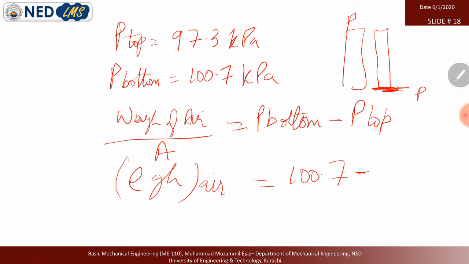The difference of air pressure is due to the height of the building, so we simply subtract these readings and get the height by converting this difference of pressure into the rho g h formula, and from this formula we get the height of the building.